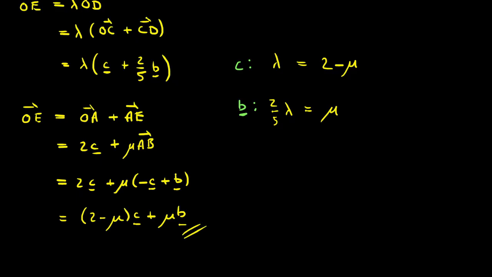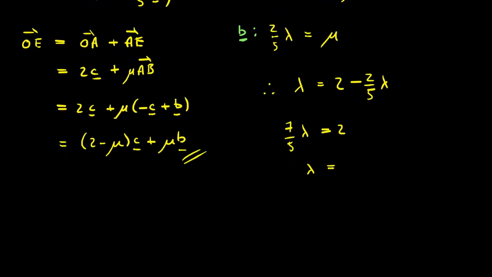Right then, so what I have here is simultaneous equations. What's the best way to do simultaneous equations? Probably elimination, or substitution actually, because I've got mu is equal to 2/5 lambda. So I can substitute that into here. Therefore lambda is equal to 2 minus 2/5 lambda. If I add the 2/5 lambda to the other side, I've got 7/5 lambda is equal to 2, which means lambda should be equal to 10 upon 7.